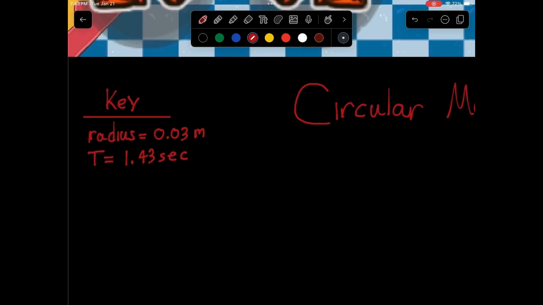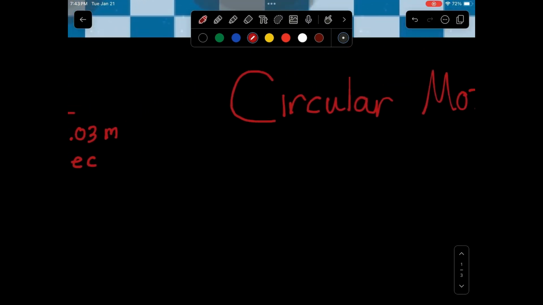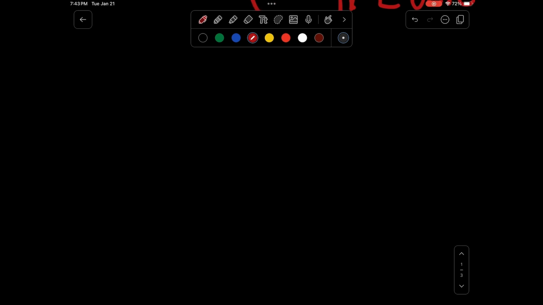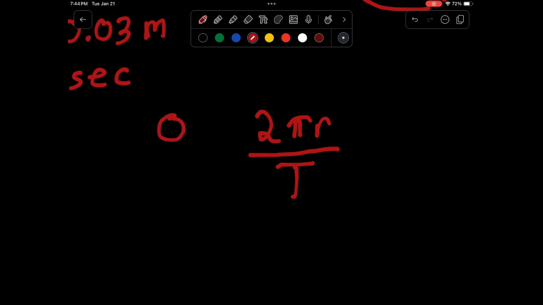So for this value, we use a different equation, the centripetal velocity, which would be 2 pi r over time, with time being the amount of time it took for the biker to complete one full rotation, which in this case is 1.43 seconds. Pi is constant, and r is 0.03 meters.